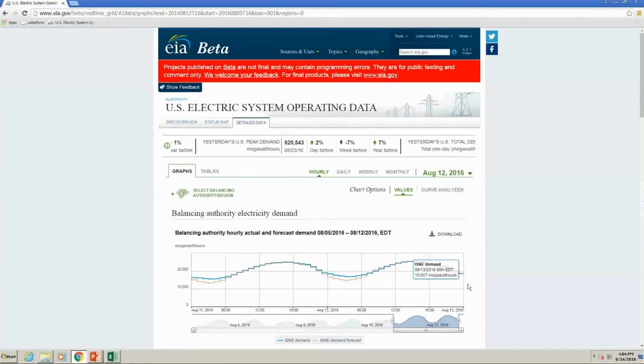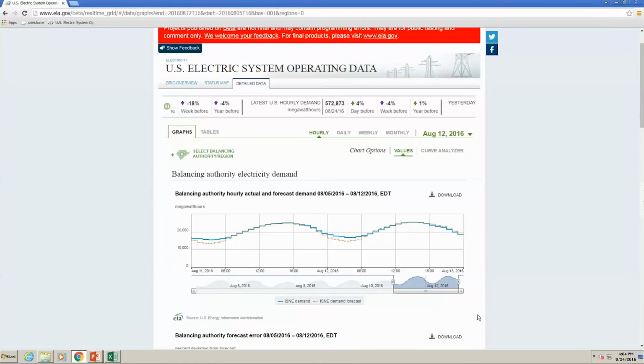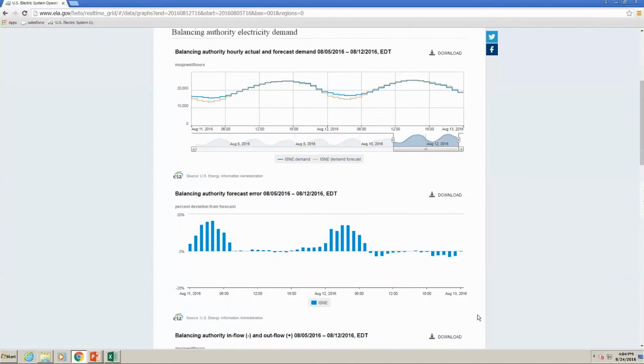What we're showing here, in the top chart, is hourly actual and forecast demand for 2 days based upon the day that we were looking at before, which is August 12th. You can pick information off of here, and we show some other things.